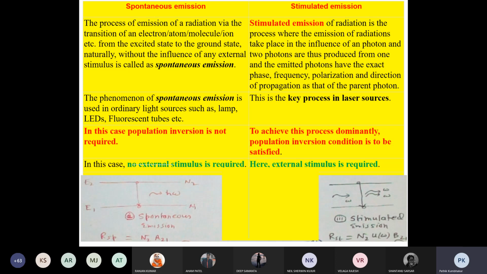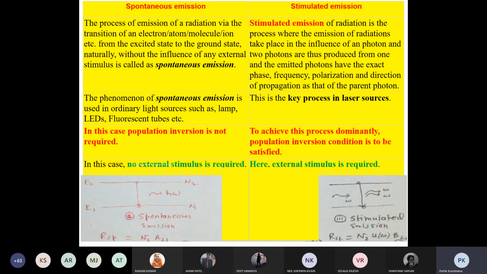But in the stimulated case, we need a stimulus. Stimulated emission of radiation is the process where emission takes place under the influence of a photon, and two photons are thus produced from one, and the emitted photons have the exact phase, frequency, polarization and direction of propagation as the parent photon.